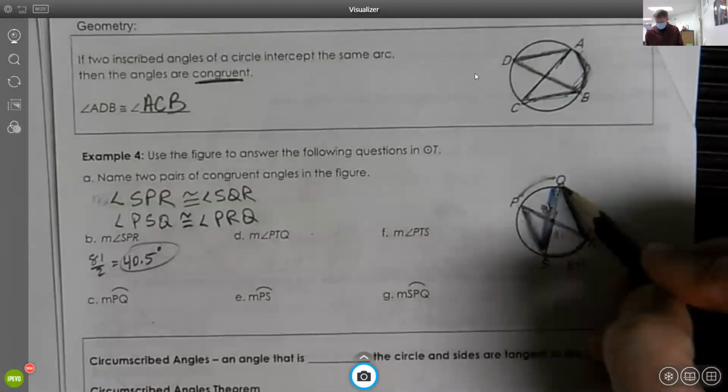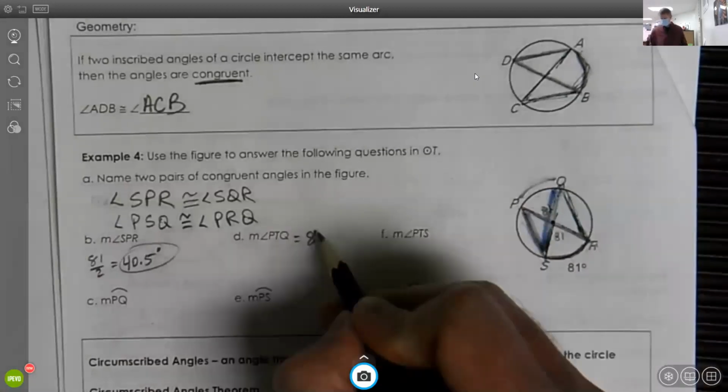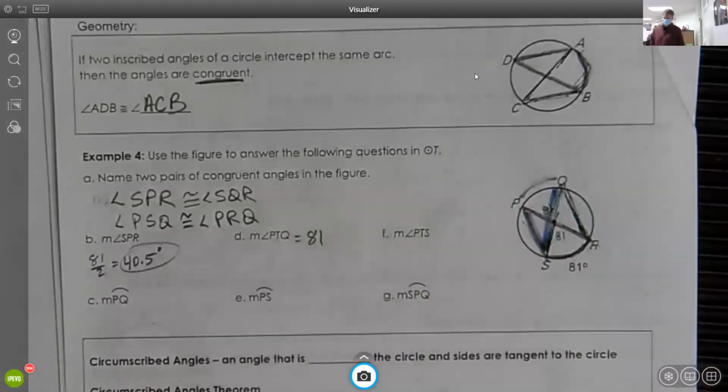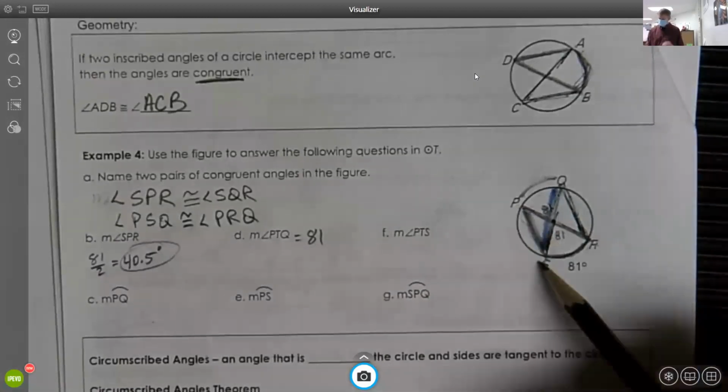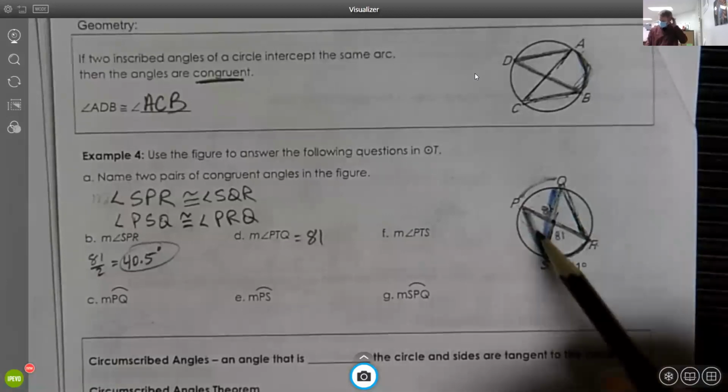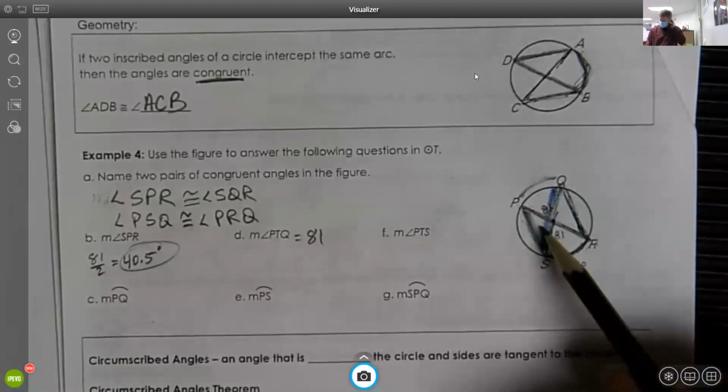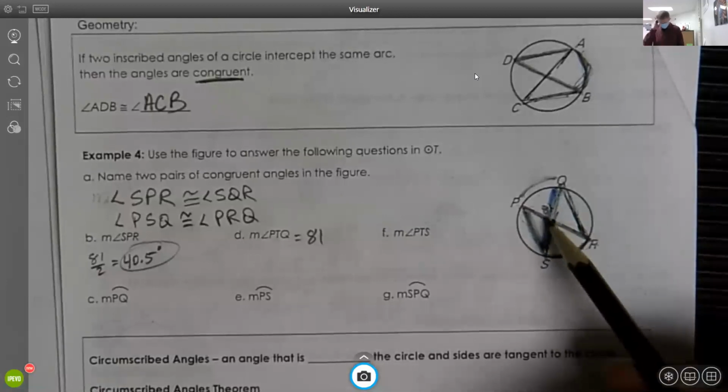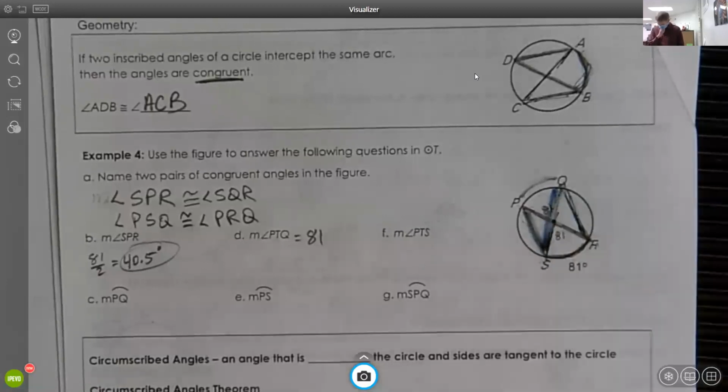PTQ is going to be 81. Then we're looking at the measurement of PTS. It's the other side of the 81. It's whatever else is left over. So to me, that's going to add up to 180 degrees.